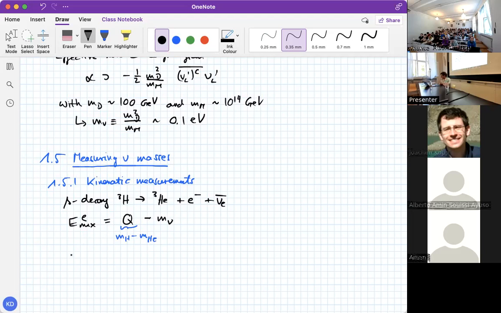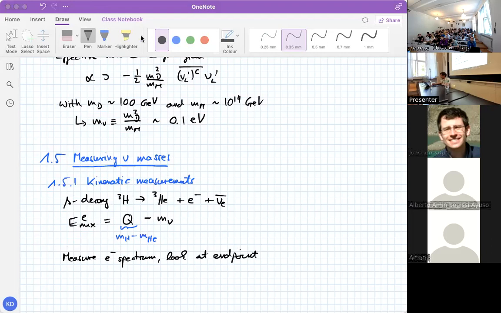So the experimental task is to measure the electron spectrum, and in particular to determine the endpoint very, very precisely. So measure the electron spectrum and look at the exact location of the endpoint. And that's being done.